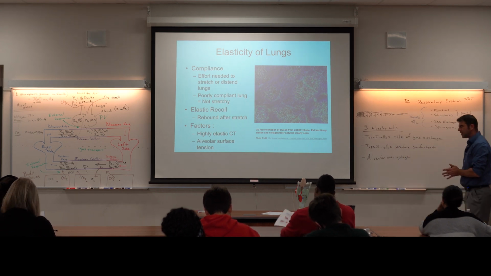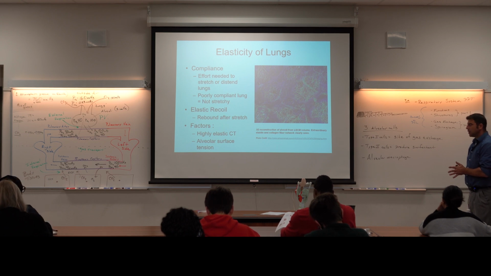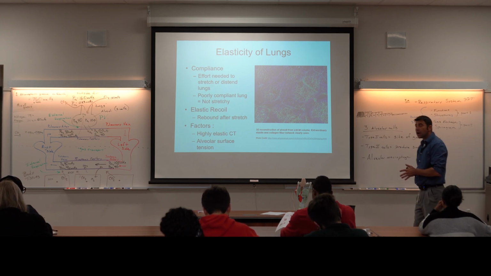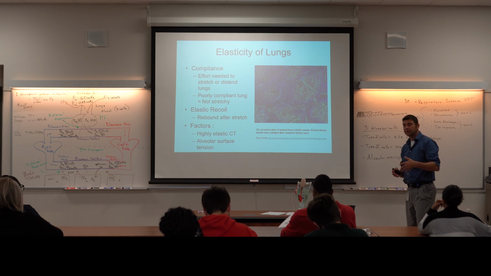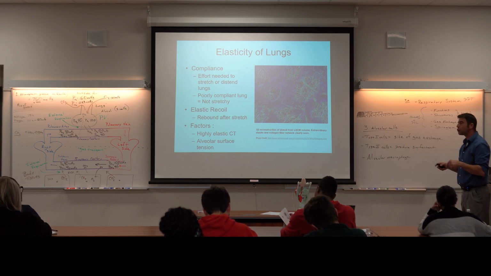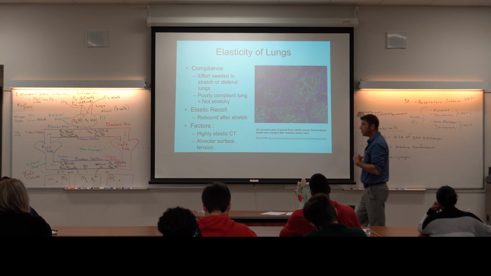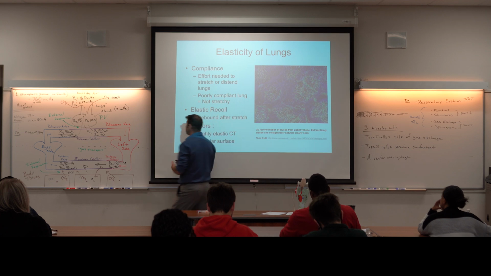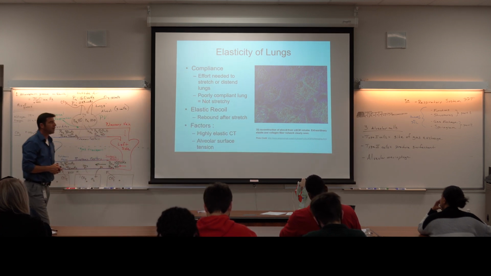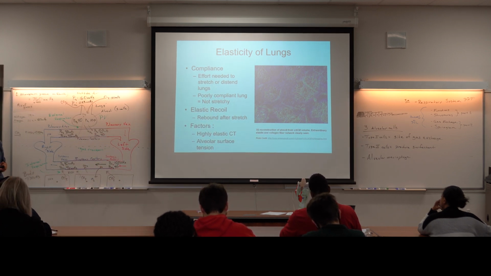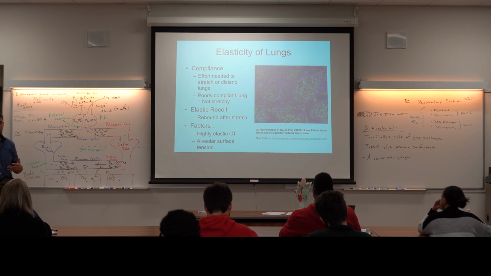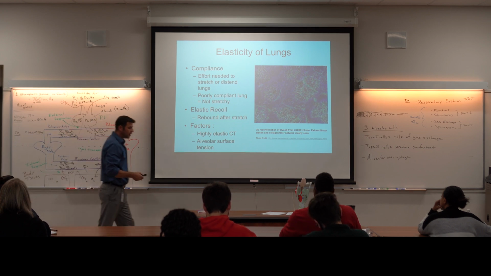Just sitting here talking to you, it takes somewhere around 3% of your body energy to just breathe, to do this gas exchange, to get air to and from those exchange surfaces. People that have poorly compliant lungs, like people that suffer from emphysema, can sometimes have to spend as much as 20 to 25% of their body energy just breathing.